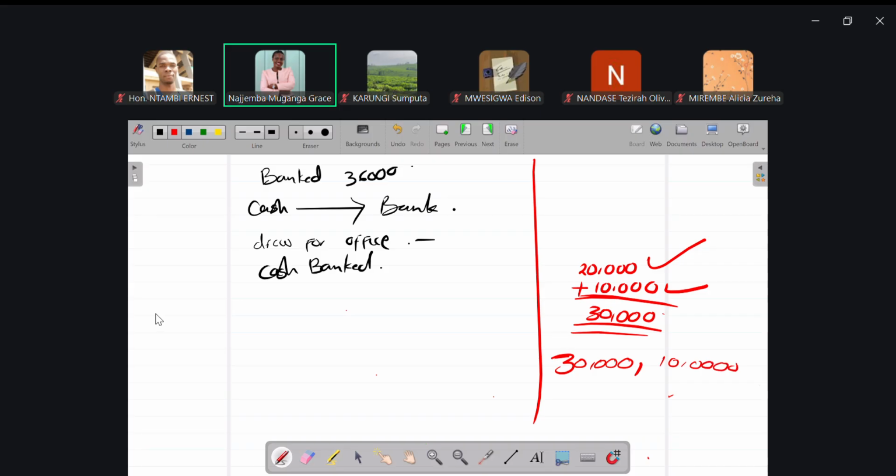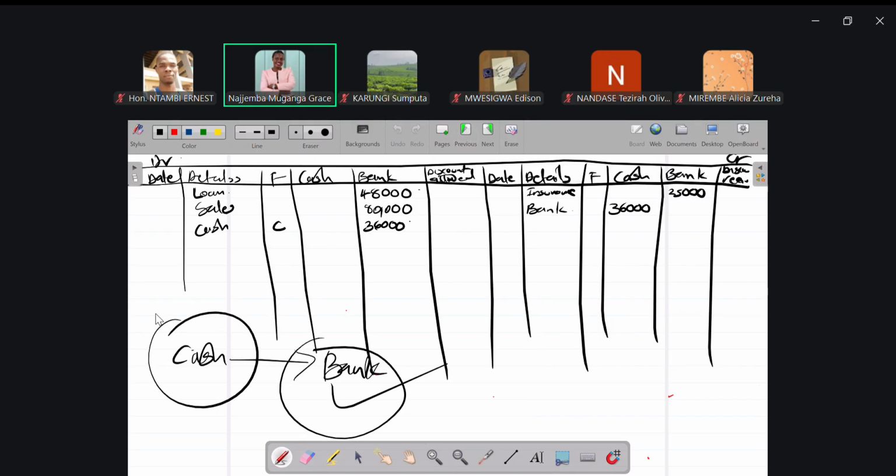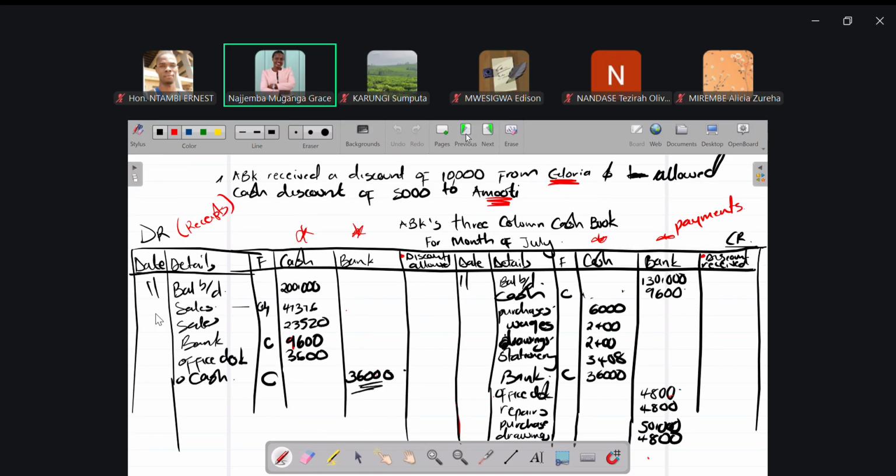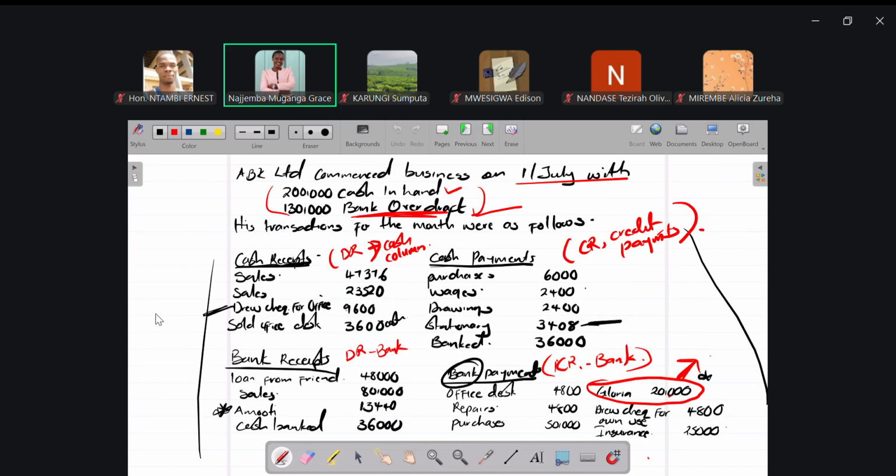So always follow through. What you need to take note of is that in the bank or cash columns, we take the actual amount received or paid, the net amount without discount. For this question, they had already computed how much we paid, because you can see bank payments, Gloria, 20,000.